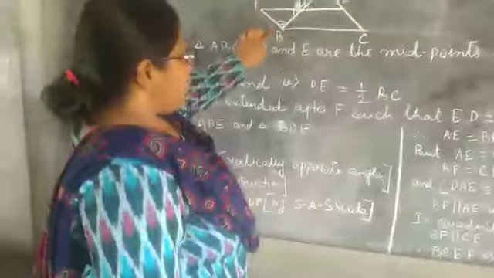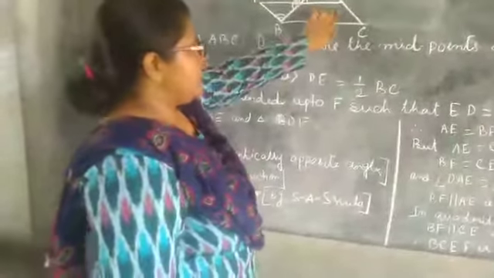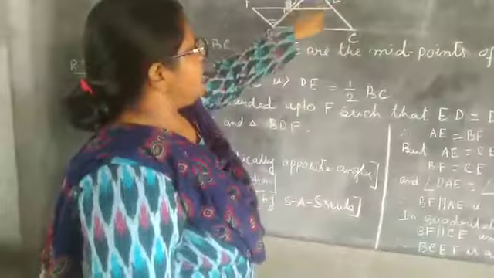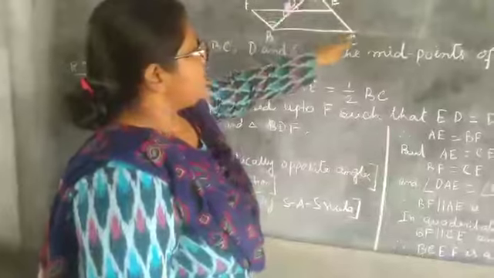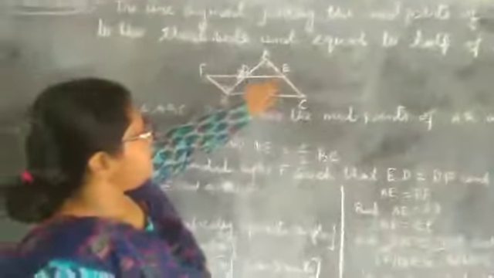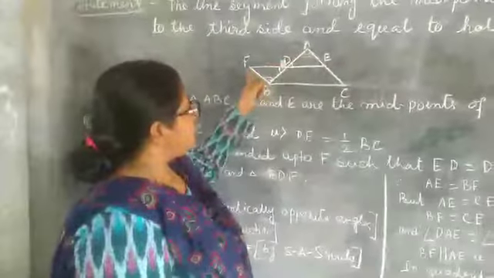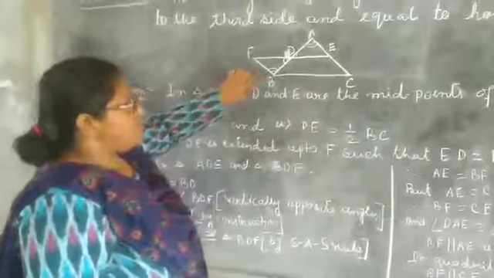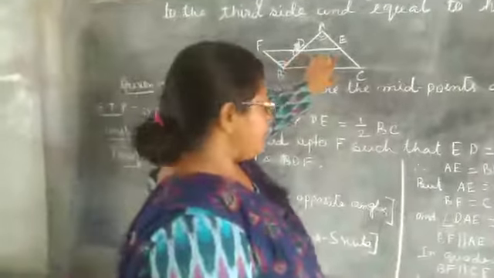So if BF is parallel to AC, that means BF is parallel to CE, because AC is the whole side and AE and CE are its parts. So if this is parallel to one part, then it must be parallel to the whole line. So BF is parallel to CE.